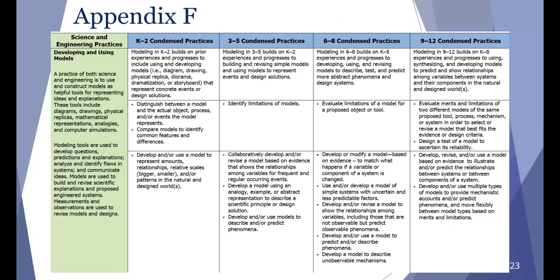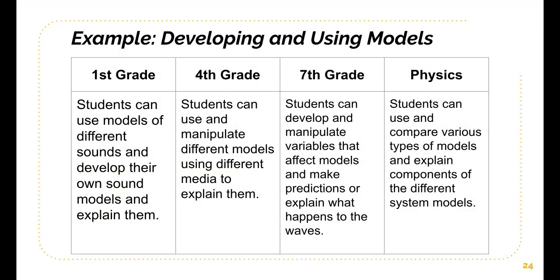Develop a model using an analogy, example, or abstract representation. There are others that are possible ones that could be found in other standards, but that's the one that goes particularly with this one. But just knowing that there are other elements and that elements are built from grade to grade is sometimes helpful.